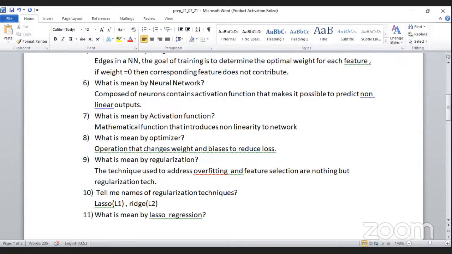Give your answer to this question. Yeah, absolute value of slope, right?